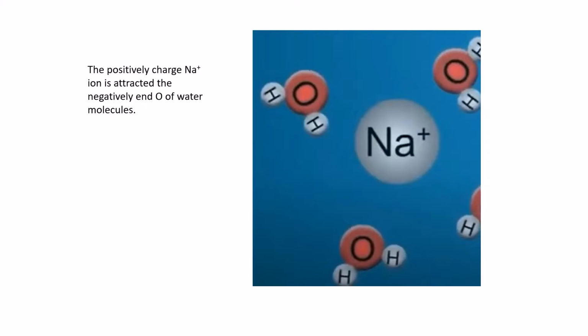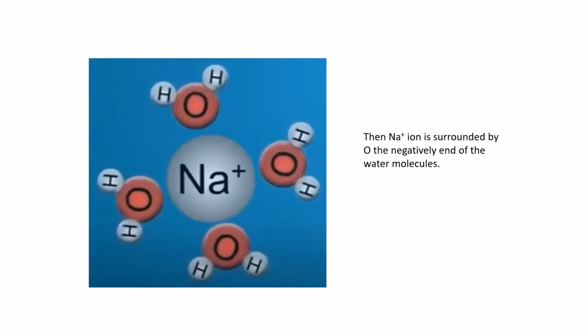The positively charged sodium ion is attracted to the negative end, the oxygen, of water molecules. And also, the sodium ion is surrounded by oxygen, the negative end of water molecules.